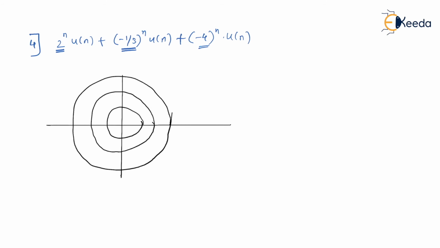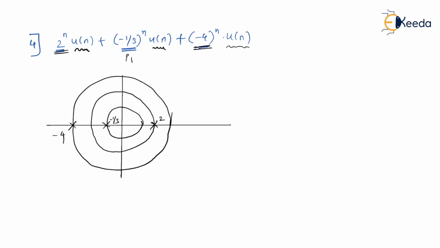And now where exactly are the poles located? You can see that the first pole is present at minus 1/3, the other pole is located at positive 2, and one more pole is present at minus 4. Is that right? Now tell me, we have 3 circles and everywhere there is a presence of u[n].